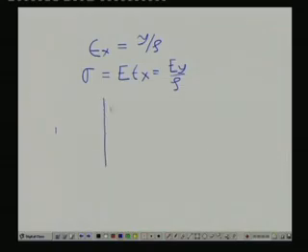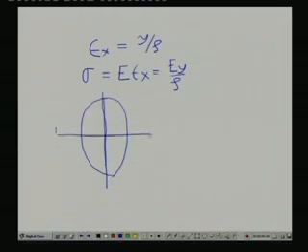Now, let us consider the cross section. Let us take any arbitrary cross section, and the only thing we have to remember is that this is the neutral axis, a line of symmetry, and this section will be symmetric about both sides.